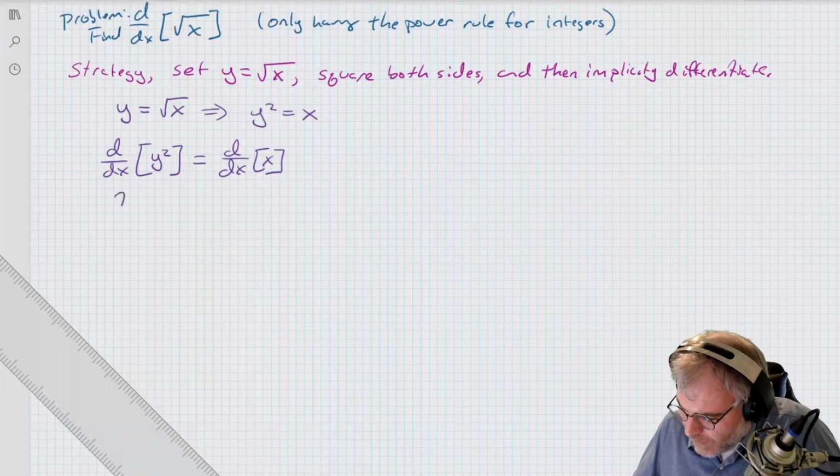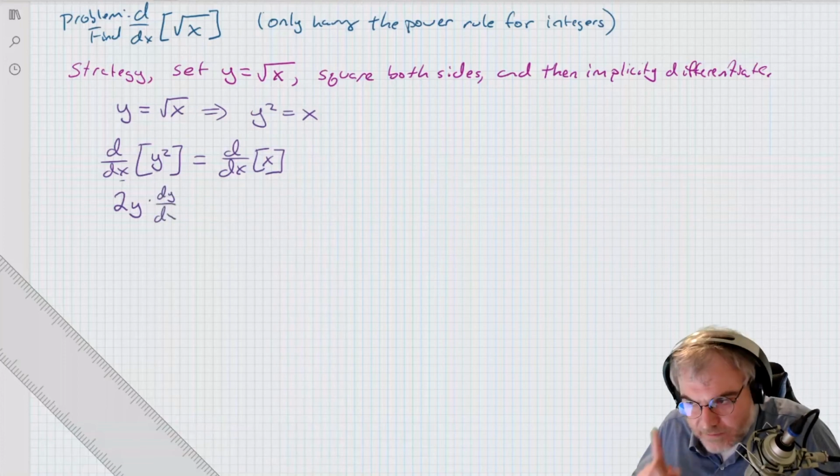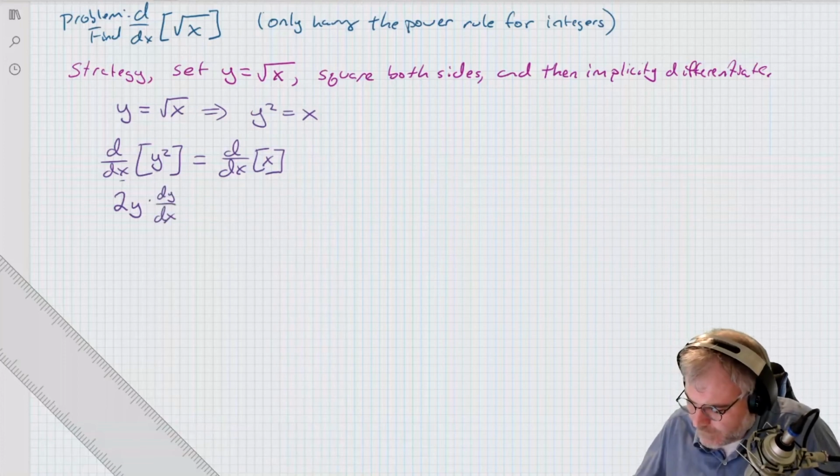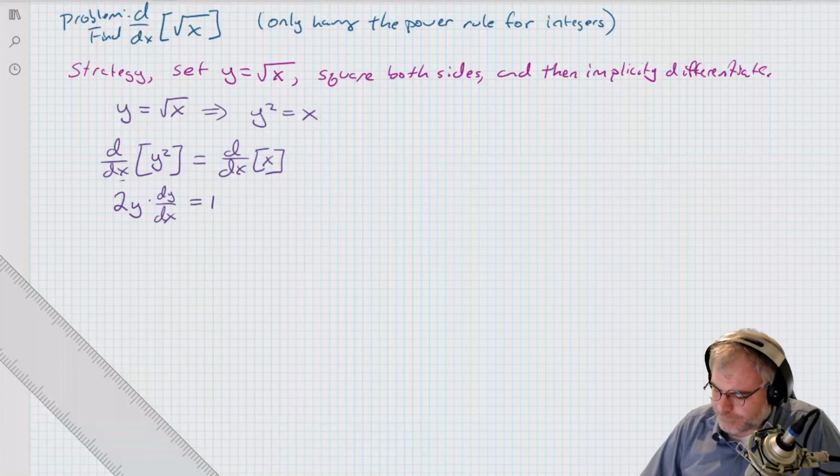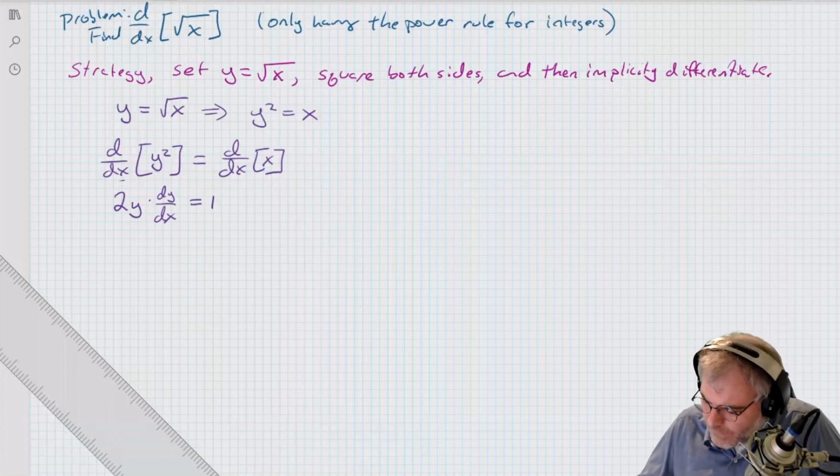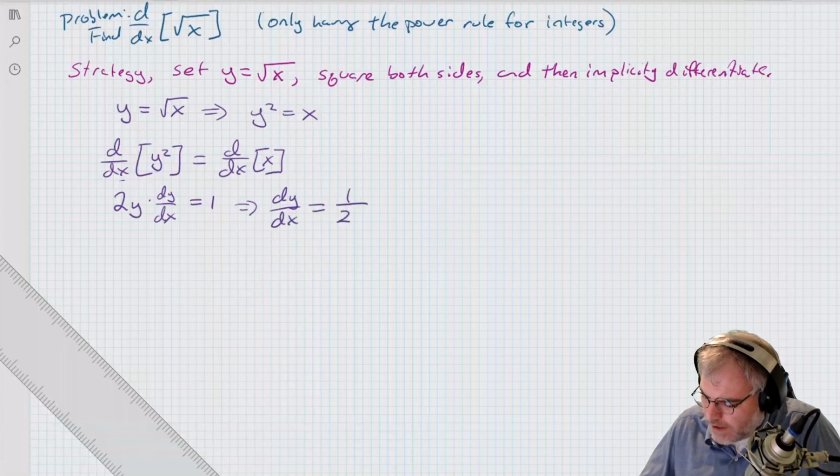This means 2y times dy over dx, because they're different, equals 1. Well, that means I move the 2y over here. So dy over dx equals 1 over 2y.